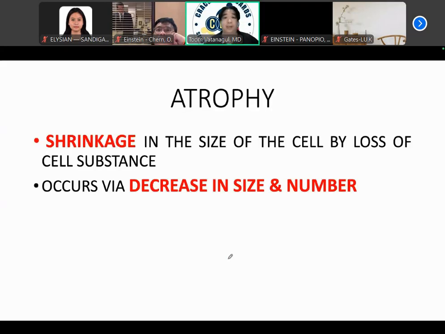Now, atrophy is defined as the shrinkage of the cell. So the size of the cell becomes small, and this mechanism of atrophy occurs via a decrease in the size and the number.